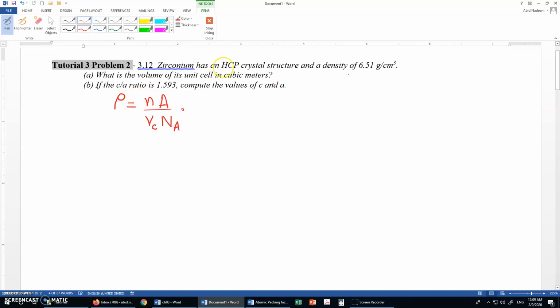For an HCP structure, n is equal to 6, the number of full atoms inside of the unit cell. A is the atomic weight, which is 91.22 gram per mole. This atomic weight can be noted down from the periodic table.